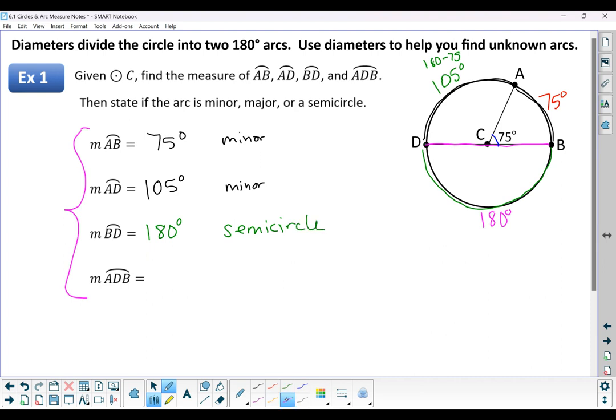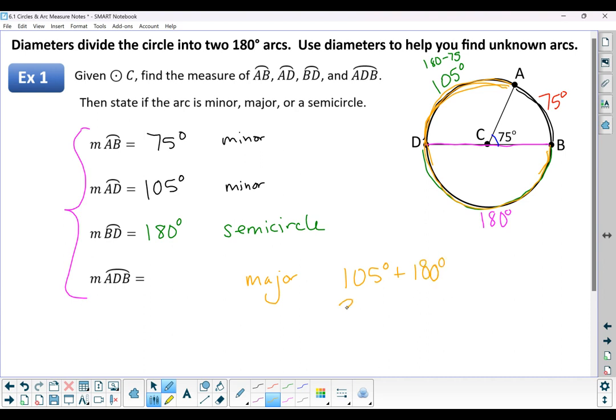And then our last arc is ADB. So from A to D to B. So we have to do the arc between A and B that has D in it. So this is definitely a major arc. Now there's two ways that we could calculate that major arc. So one way is to add together 105 and 180.